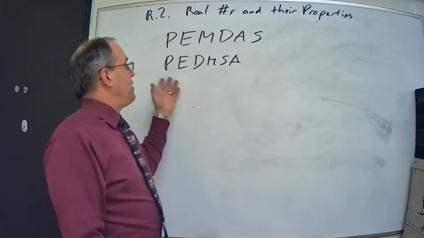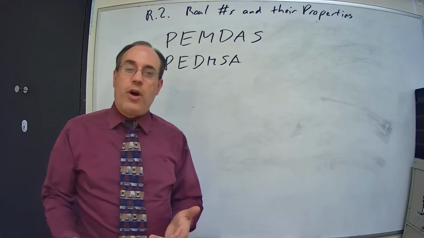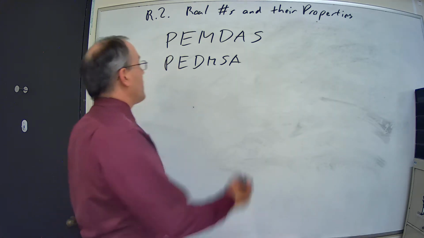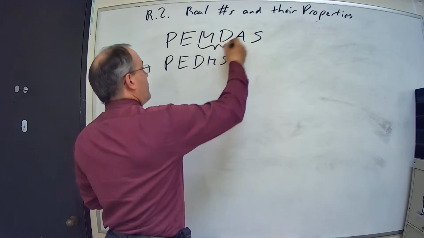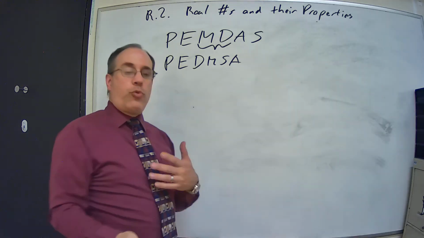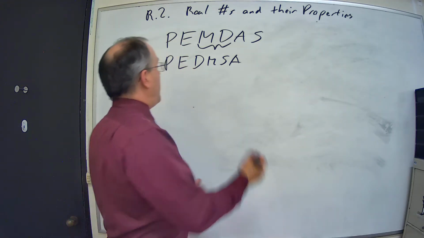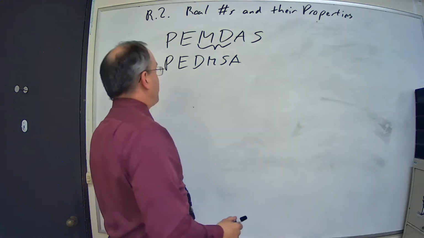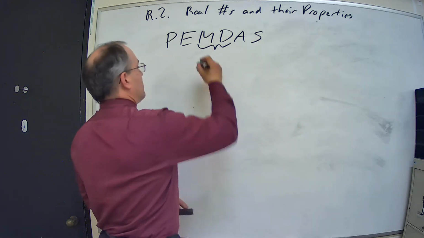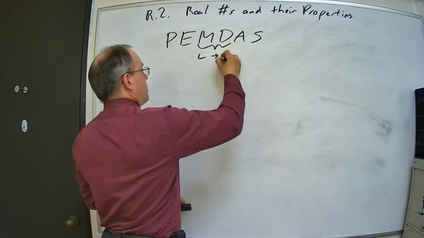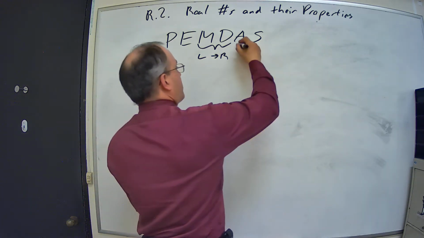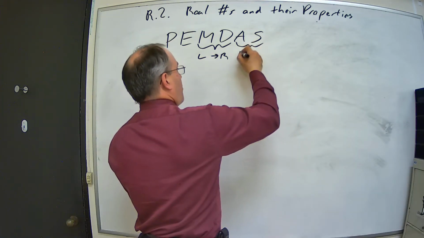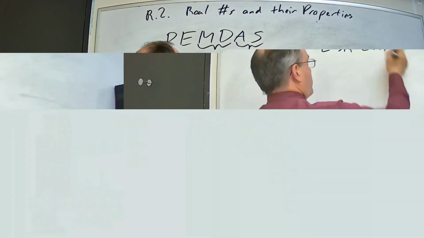The reason I tend to mix it up a little bit here is because I want people to remember that multiplication and division are equal operations, done at the same time, going left to right. And then addition and subtraction are equal operations done at the same time from left to right.